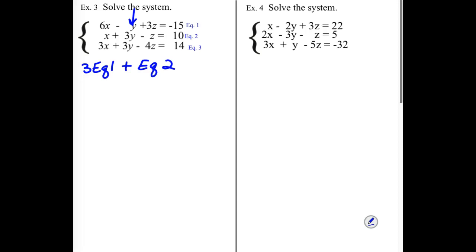All right. Multiplying the first one by 3, we get 18x minus 3y plus 9z equals negative 45.